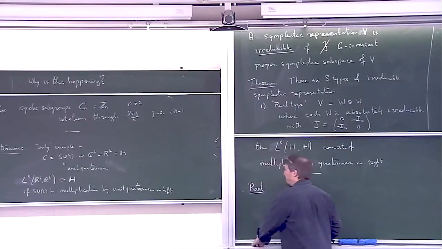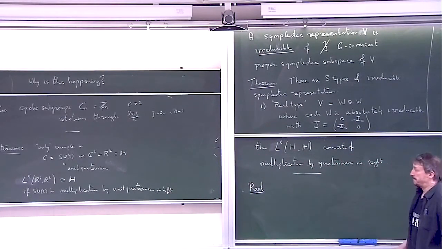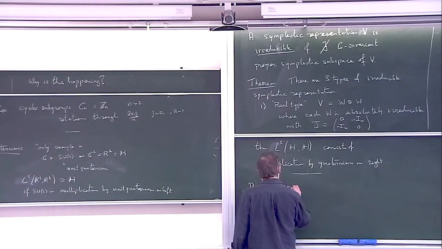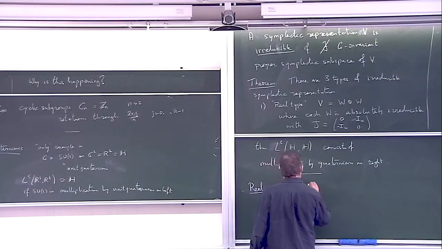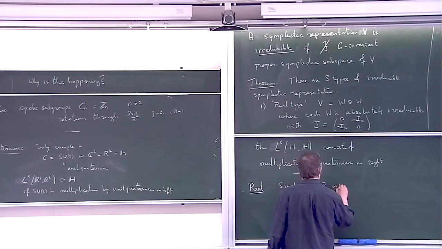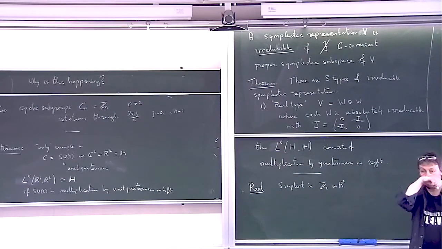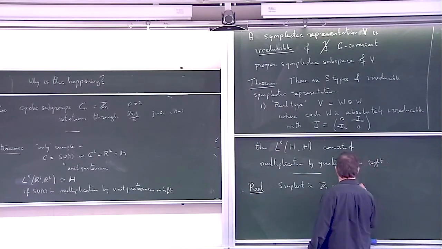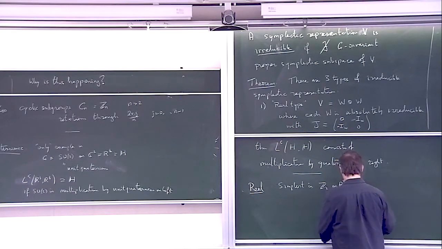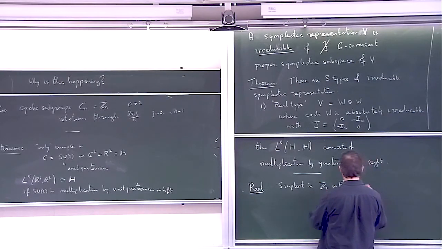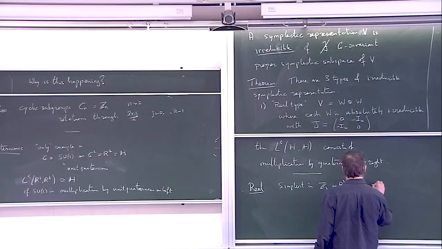In a real case, which is more interesting, well, the simplest is Z2 on R2. How is Z2 acting? By minus the identity.